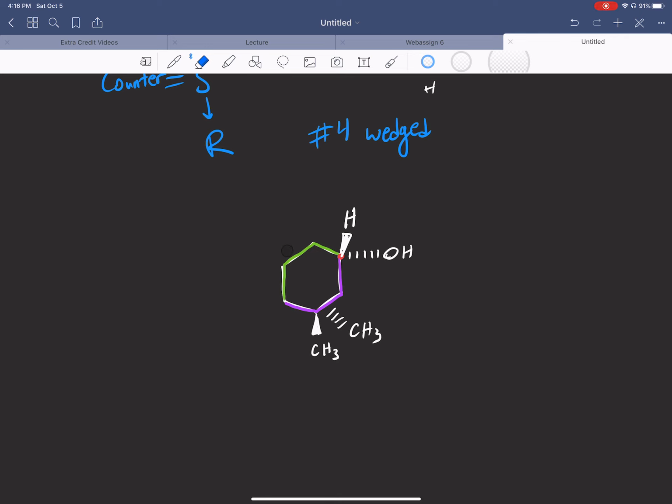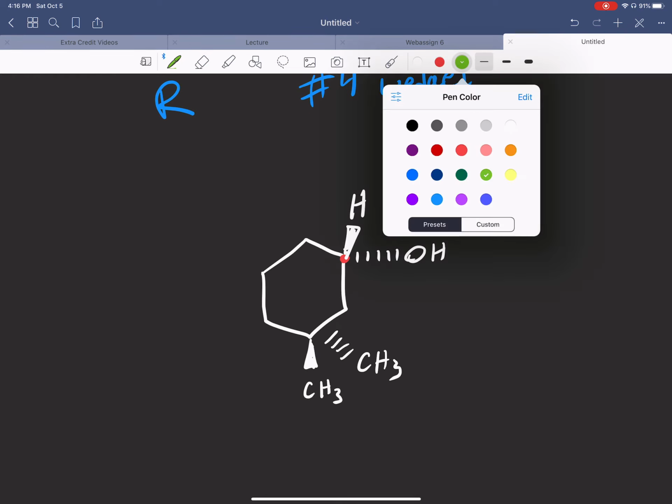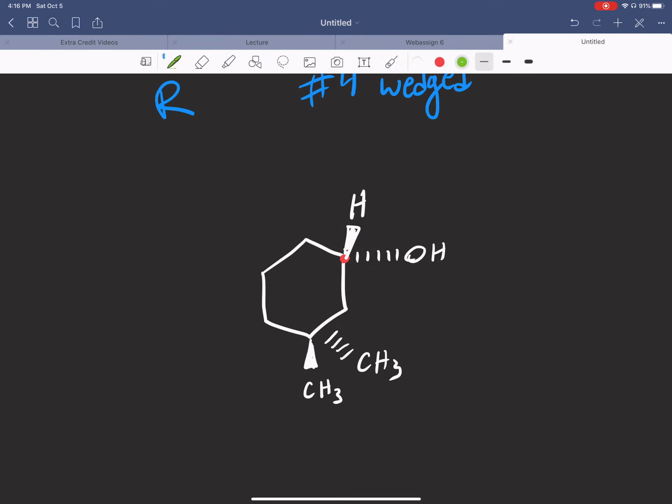Now, I just want to show one thing. If I erase it, I drew it kind of split in half. I probably shouldn't have done that. Take the entire path around like this. You can see that if I started from that red carbon and moved counterclockwise, we encountered this right here, the carbon with the 2 methyls, after 1, 2, 3, 4 carbons.